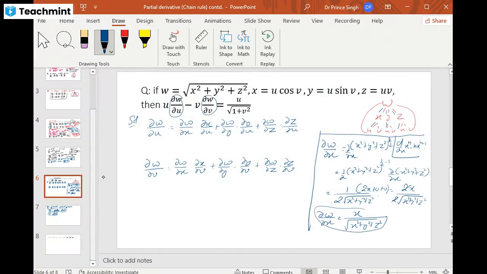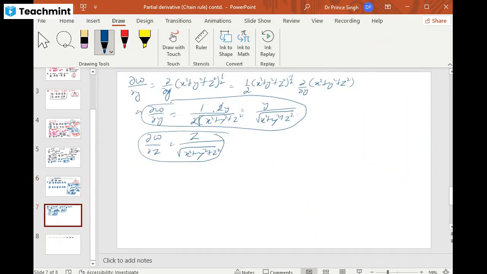Because this function is pairwise symmetric, if I interchange any two variables, the function will remain the same. So if one of the derivatives is known, we can find the others by simply interchanging the variables. Okay. Next thing is we need the derivative of x, y, and z with respect to u and v.